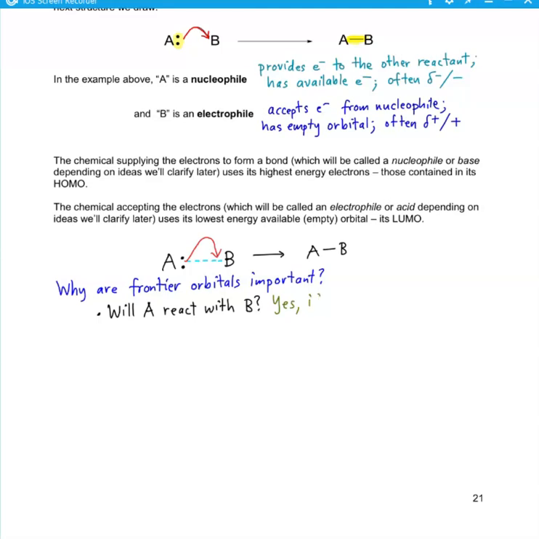So we'll say yes with the caveat that if the HOMO of A and the LUMO of B have a good energy match. That means they're close to each other in energy.